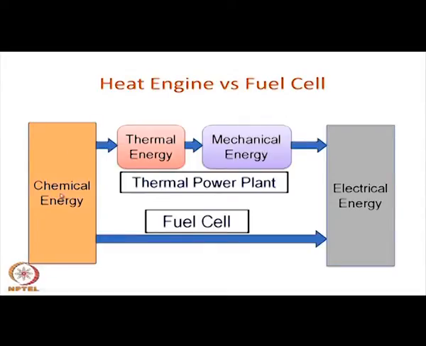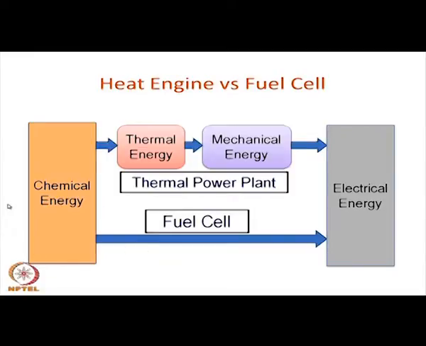Directly, chemical energy is not getting converted into electrical energy. At each step there will be a lot of loss, and therefore, the overall efficiency is not very high, only 30 to 35% of the chemical energy is converted to electrical energy, and 65 to 70% is actually lost. So, it is a huge loss when you are talking about power generation.